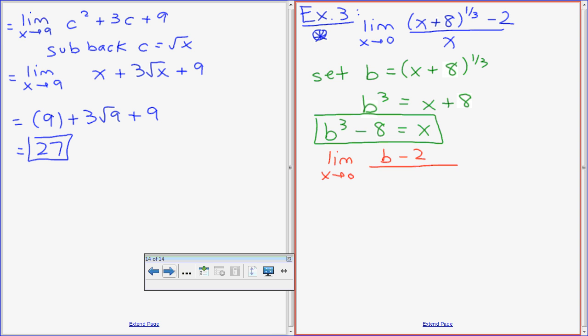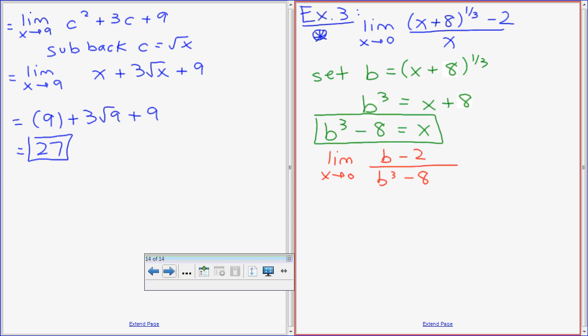What's the denominator going to be? b cubed minus 8. Yes. So you see what we did there? Whoa. Isn't that awesome?